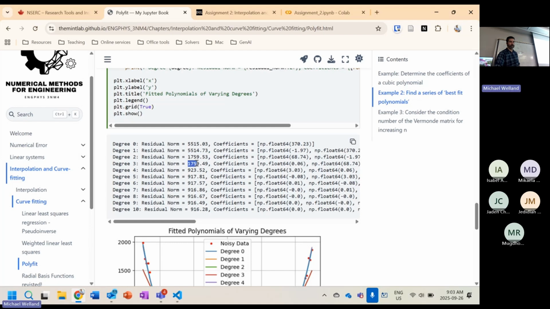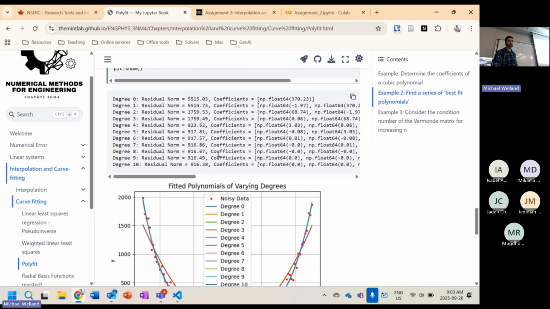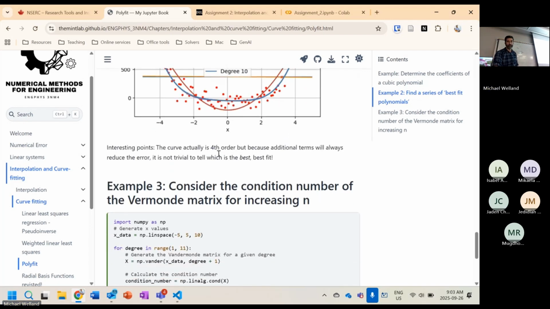Once you get up to cubic, all of a sudden you plateau awfully quick. And actually, this was originally generated by a quartic polynomial. And interestingly enough, the residual norm starts to plateau right after degree 4. Not a coincidence. So if you were really looking at this data, this would be a very good indication that you found a good thing to work at.